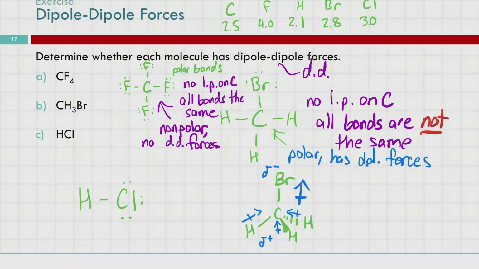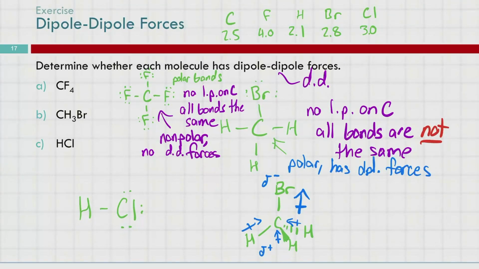How about HCl? Is HCl a polar molecule? Yes. The reason that HCl is a polar molecule, we have one bond. It's between hydrogen, which has an electronegativity value of 2.1. Chlorine has a 3.0.